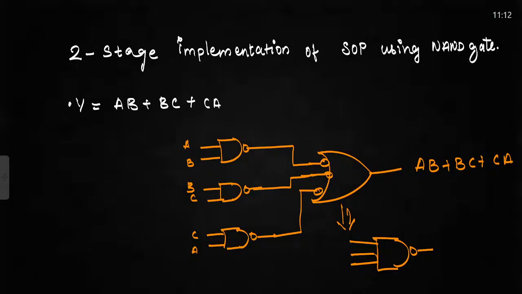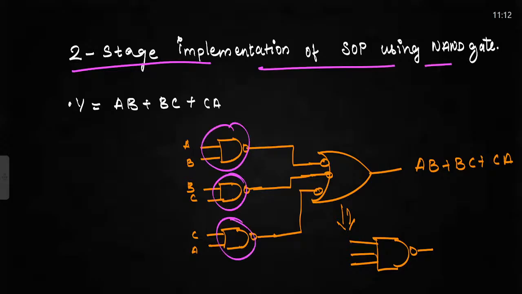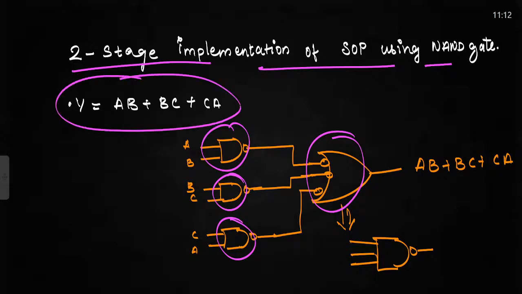So for the two-stage implementation of SOP equation, if you replace AND by NAND and OR by NAND, then you will get the same output equation. So that is why we will learn this two-stage implementation of SOP using NAND.